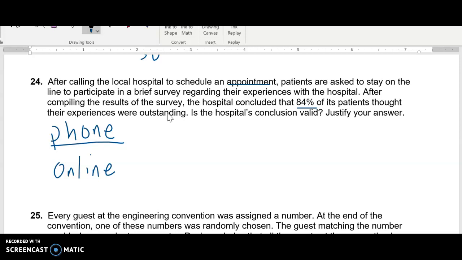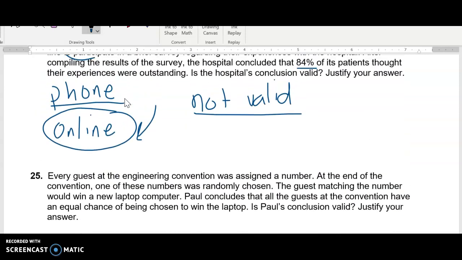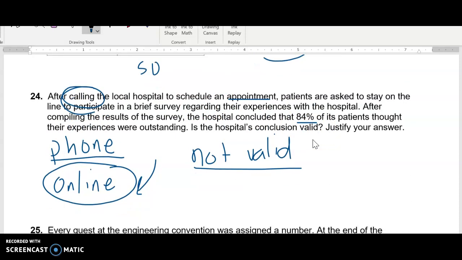If they're only asking the people that are calling, we're excluding somebody. And once we are excluding, this is not valid, because we didn't consider the entire population of people making the appointment. So in order for things to be valid, they have to be random. That's the word we're looking for, and it all has to be inclusive.